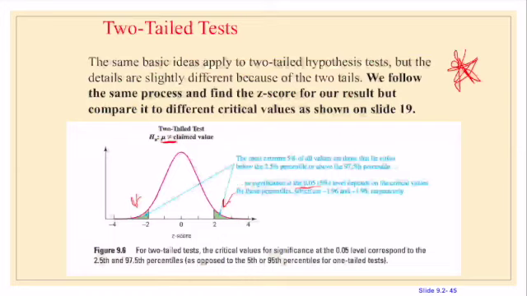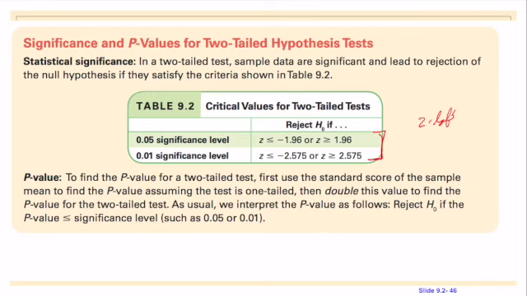We don't care as long as it doesn't equal. So we're going to go ahead and work through a two-tailed example. Here are the significance levels for the two-tailed test. Again, I would still go to the z-table and know if you have a two-tailed test, you multiply your z-table value by 2.